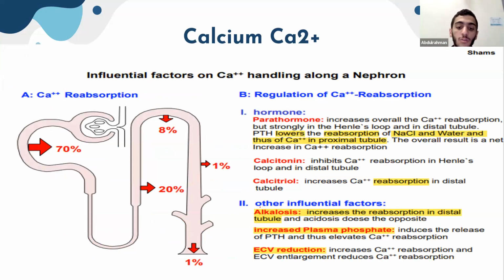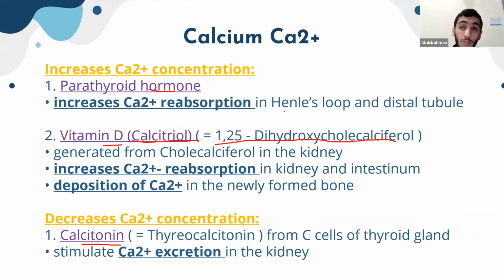Again, this is the same slide here. I showed that he also mentioned in the lecture alkalosis, plasma phosphate, and ECV reduction. Now, I'm going to explain them to you so that you don't have to memorize, but understand. So plasma phosphate, what does phosphate do? It's a detail that is not important for you guys now because you need it in endo repro. But parathyroid hormone is associated with calcium and phosphate.